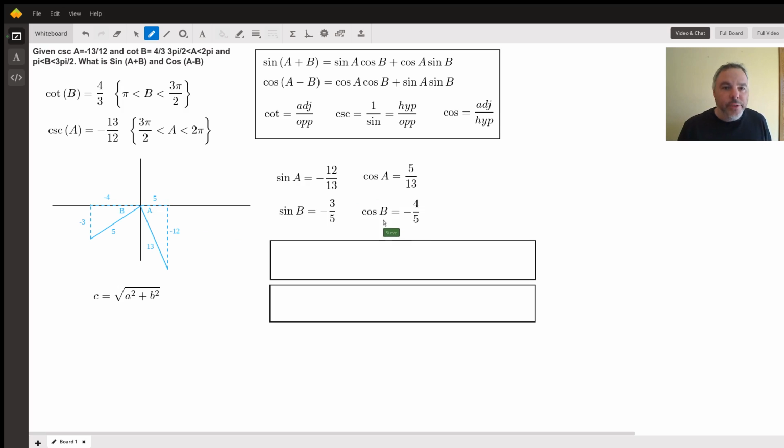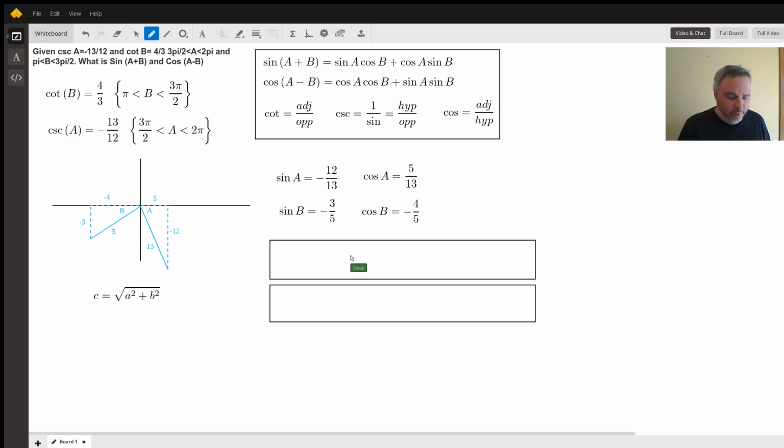I can now do the same for the B over here. And so notice sine again is opposite, which is negative 3 over hypotenuse 5. And cosine is adjacent, negative 4 over hypotenuse, which is 5. So that's going to be the key, make sure you're in the right quadrant so you get the right signs. Okay, and so now I have everything I need, my sine A, cosine A, sine B, cosine B.